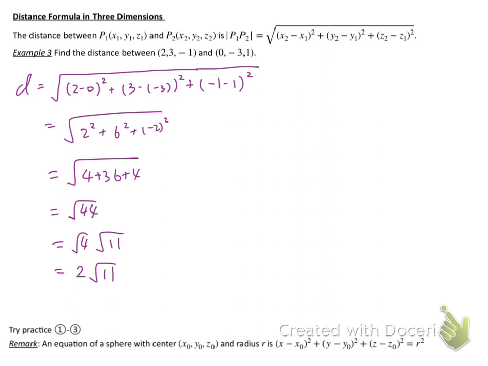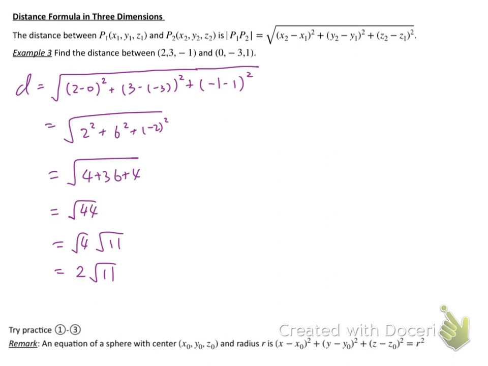Before I send you to try practice number 1 through 3, here's a remark. Since we know the distance formula, we can do a sphere, like a ball in space with any center. Pretty much all the points on the sphere have the same distance r to the center.